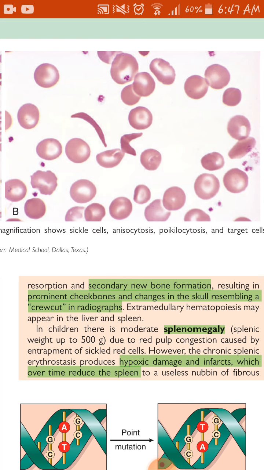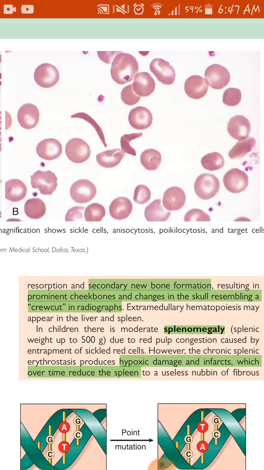Poikilocytosis means that red blood cells are of different shapes, and we can clearly see that some of the red blood cells are biconcave, some are spherical. Here we can see a spherical red blood cell, and some are sickle shaped. Then we can also see target cells. This is a target cell, and this is again a target cell.